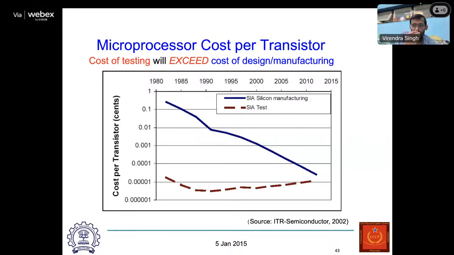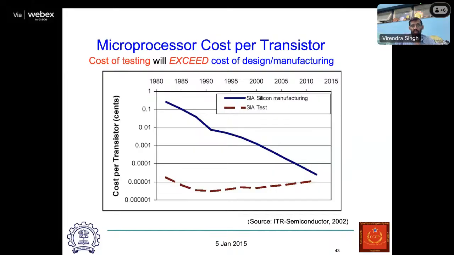the technology roadmap says that the number of transistors will double every 18 months. If the number of transistors is doubling every 18 months, that means I have a design with larger complexity, and in order to deal with that, we have to put in more effort.